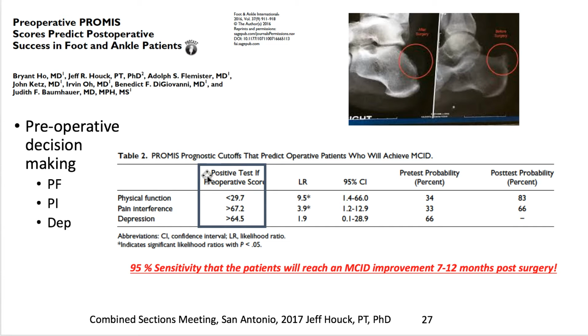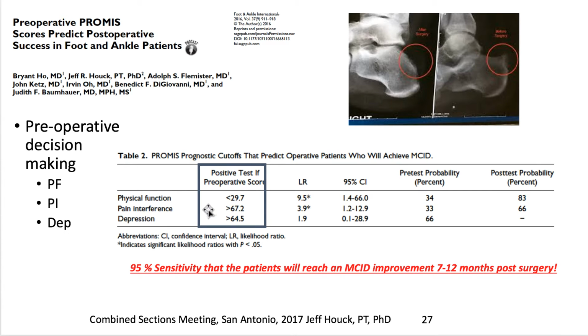What we can see is preoperative scores that predict a minimally clinically important improvement. The patients who are 95% likely to reach that difference, we can identify them by physical function scores that are 2 standard deviations below the average for the U.S. population, and pain scores that are nearly 2 standard deviations above.